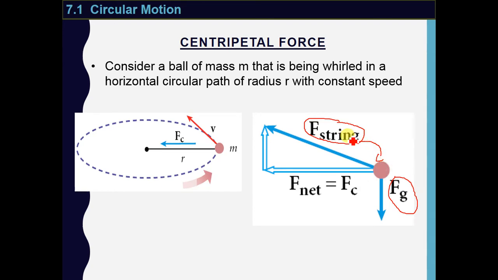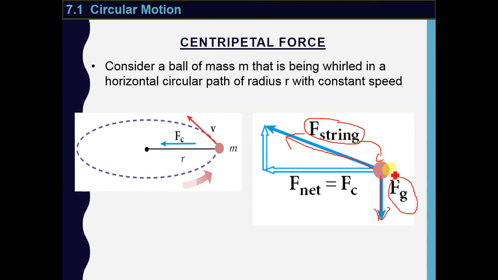So this we call force of a string, or if you remember, we call it tension. Now these two forces, Fg is directly downward, and F string is along the string. So F string and Fg are not along the same direction.